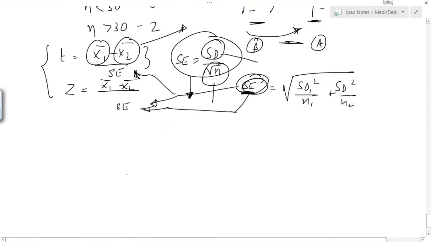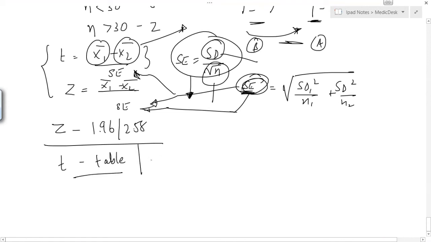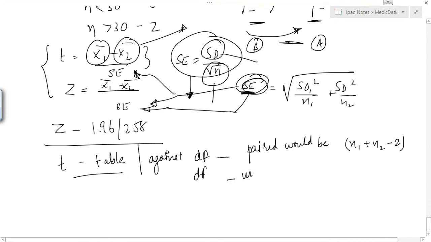Now, for the Z value, the interpretation remains the same as mentioned above, and for T values, we have to look at the T table against the degree of freedom. Here, degree of freedom for unpaired would be n1 plus n2 minus 2 groups, and degree of freedom for paired will be n minus 1.